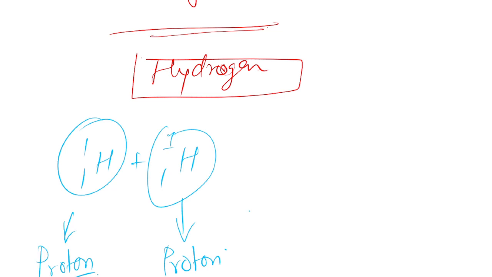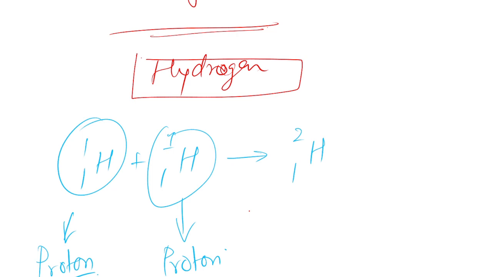One proton combines with another proton, and what will be formed in this process? A deuterium. So deuterium, you may be aware, is an isotope of hydrogen which has one proton and one neutron in its nucleus, right? So deuterium is formed.